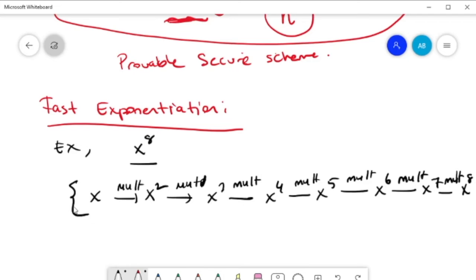So here we have 7 multiplications to get x to the power 8.